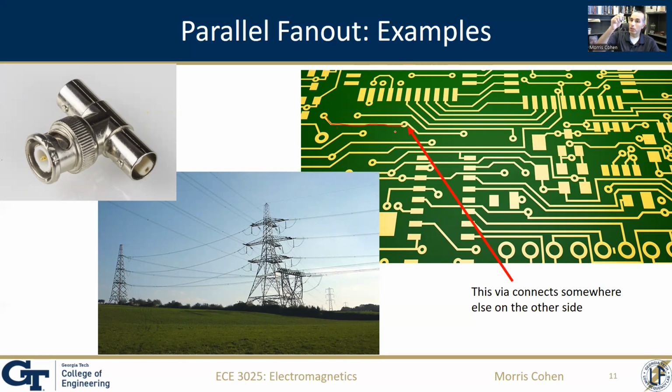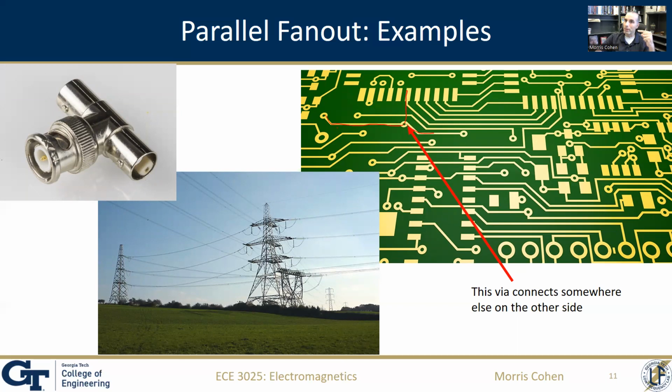It's basically a tunnel through the circuit board that probably connects to another trace that you can't see on the opposite side. So I'm going to draw this even though we can't see it. There may well be a trace that runs from the other side of that via and, for example, goes that way. Whereas on this side of the circuit board, it continues on toward some other target. Okay, so this is an example of a parallel fan out.